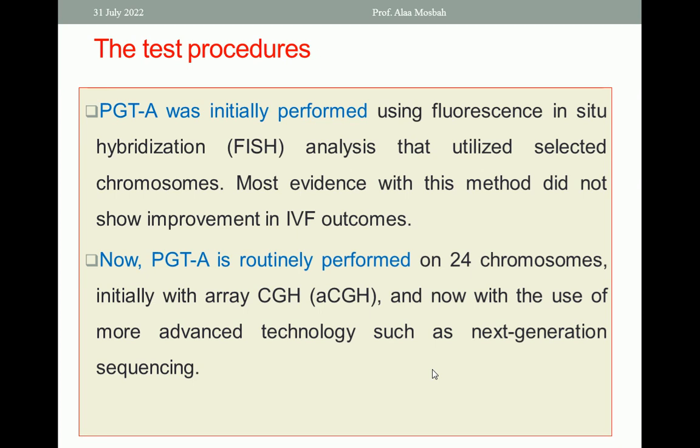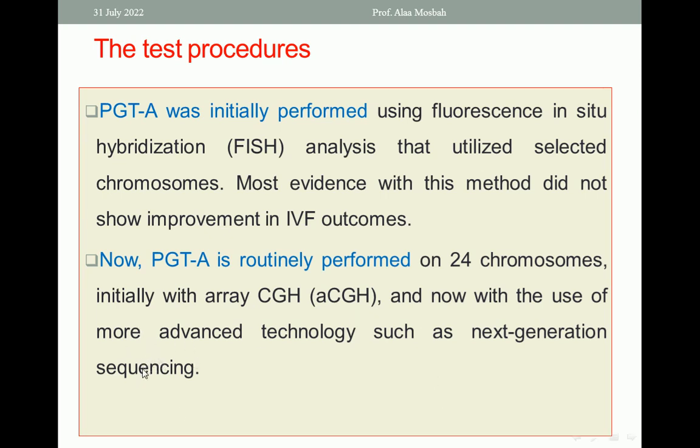Now, pre-implantation genetic testing A is routinely performed on 24 chromosomes, not on selected chromosomes as in the previous FISH. So now the test is performed on 24 chromosomes, initially with array CGH, and now, with the use of more advanced technology, such as next generation sequencing, this is the updated one.